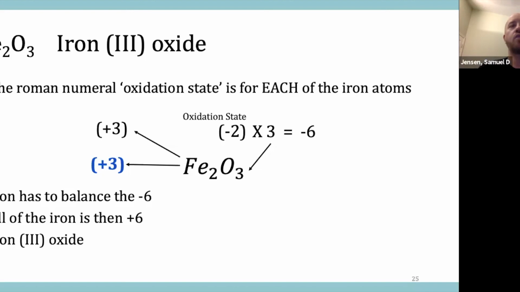If you had to put the molecule together, the name would be given like this, and you would know that the iron is a +3 in this case. So you either have the name or you have the formula. One of the two, you should have enough information to find the other.